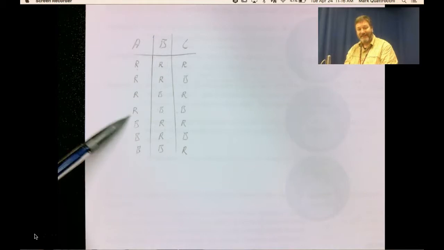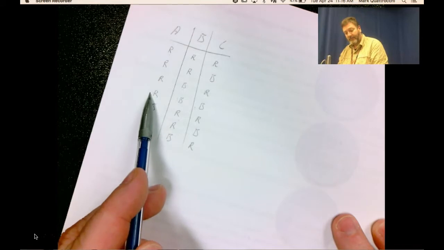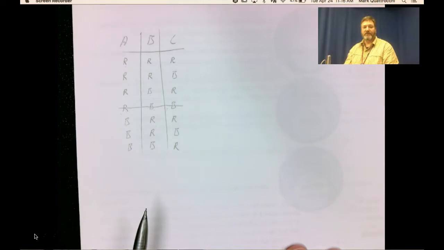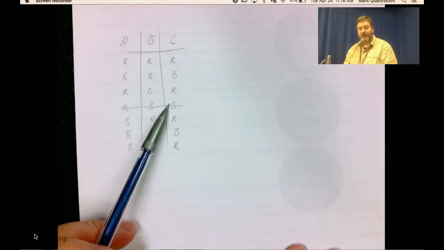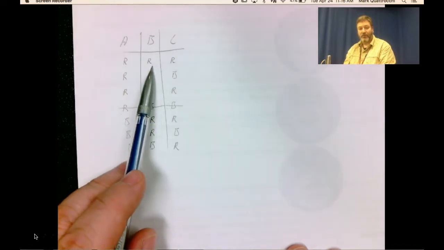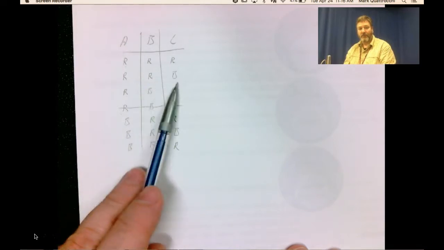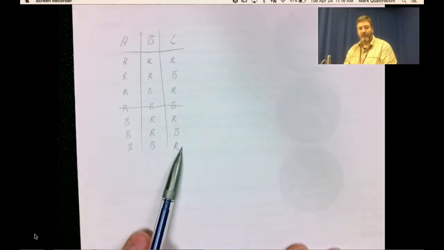But Alan didn't see blue, blue, so he could be wearing red or he could be wearing blue. So Alan didn't see blue, blue, so this situation doesn't exist. Ben knows this. Ben knows that it's not blue, blue. So Alan either saw red, red, or red, blue, or blue, red.